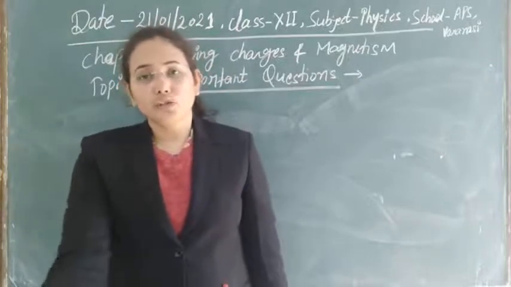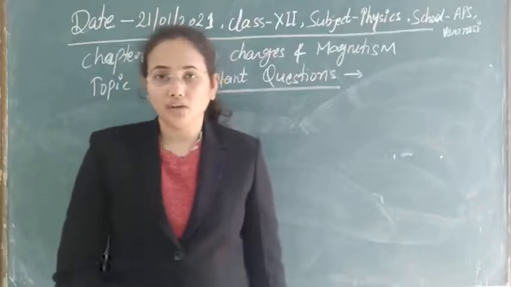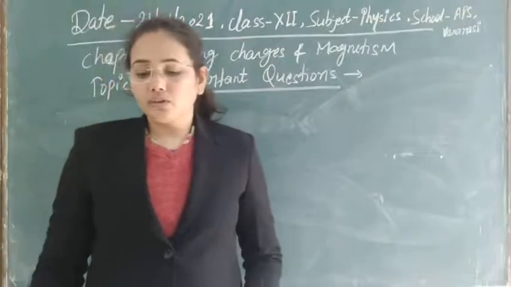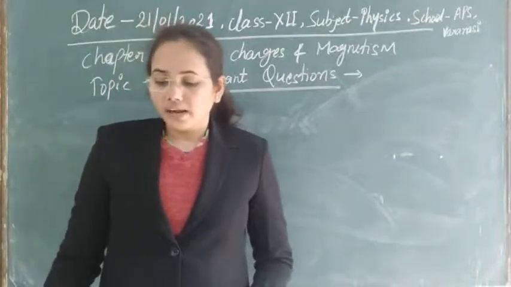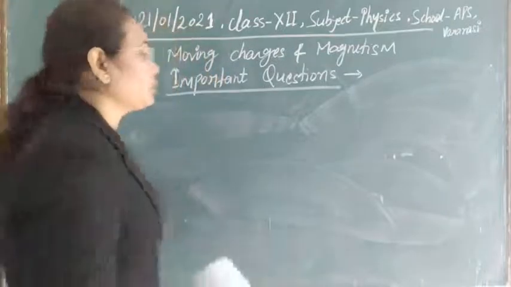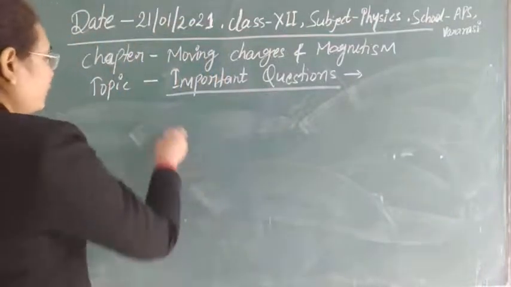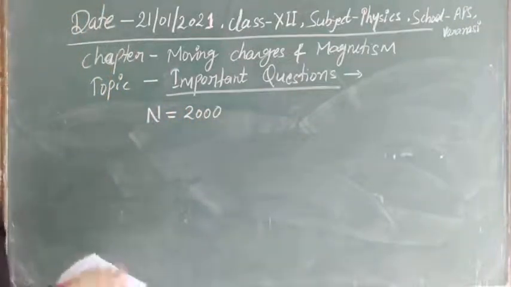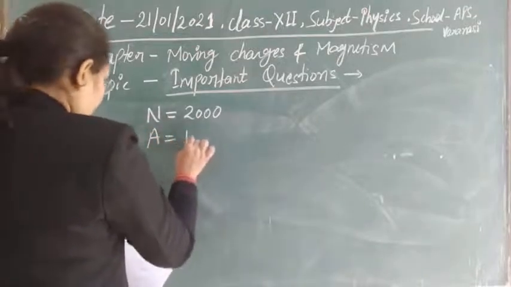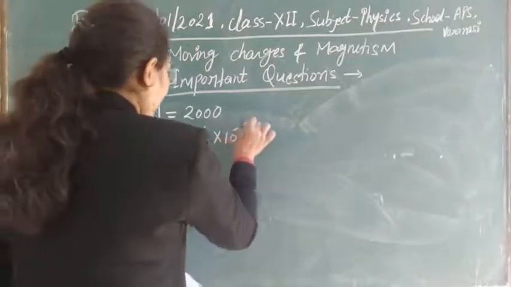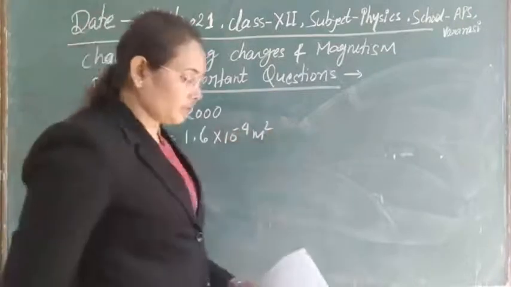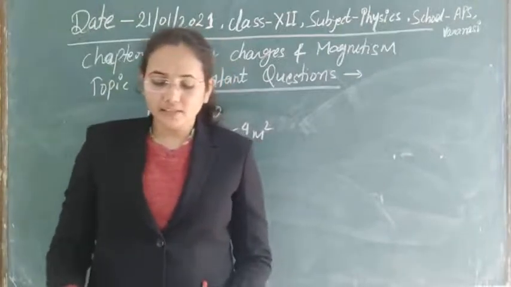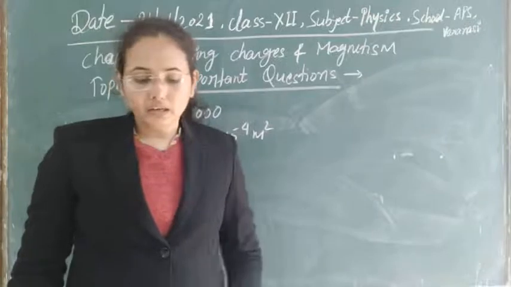Here we are going to discuss the numerical problems asked based on torque. Just see the numerical: a closely wound solenoid of 2000 turns and cross-sectional area 1.6 into 10 to the power minus 4 meter square, carrying a current of 4 ampere, is suspended through its center, allowing it to turn in a horizontal plane.